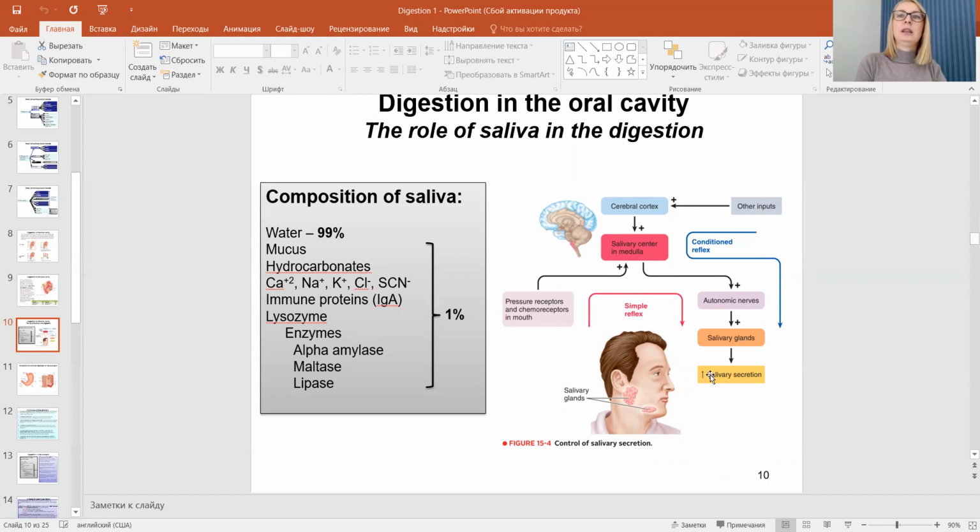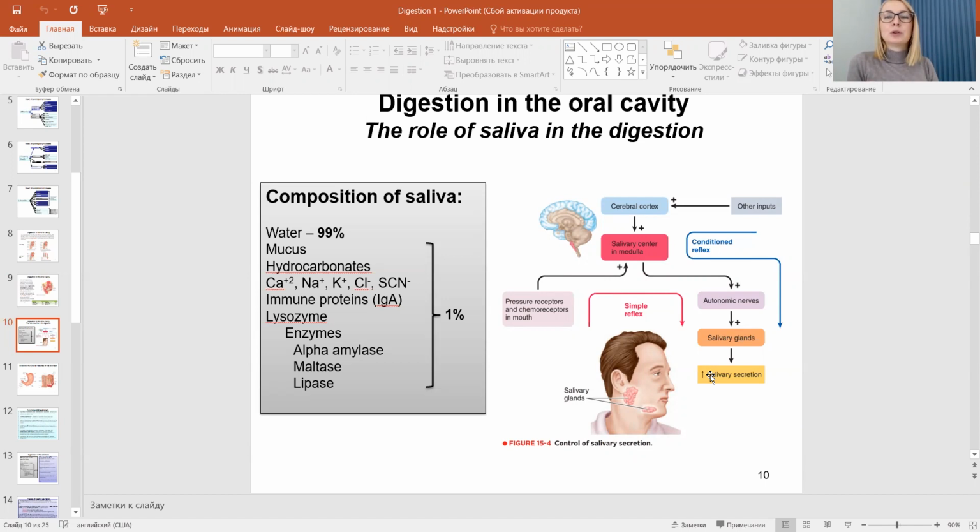On activation, these receptors initiate impulses in afferent nerve fibers that carry the information to the salivary center, which is located in the medulla of the brainstem, as are all the brain centers that control digestive activities. The salivary center, in turn, sends impulses via the extrinsic autonomic nerves to the salivary glands to promote increased salivation.